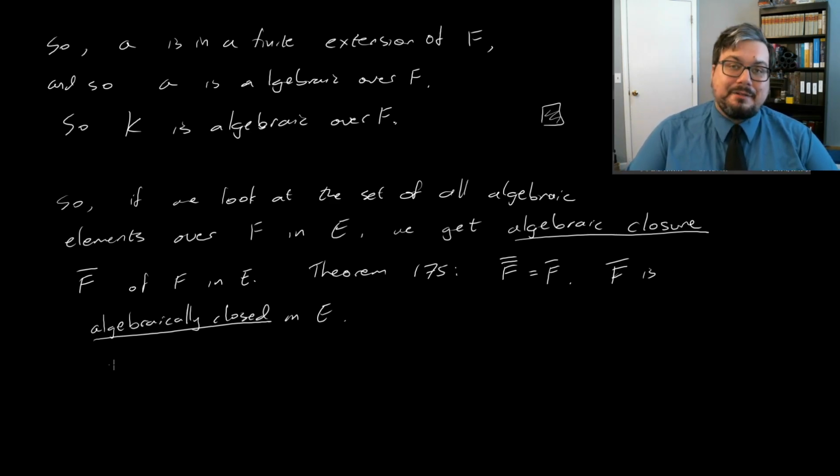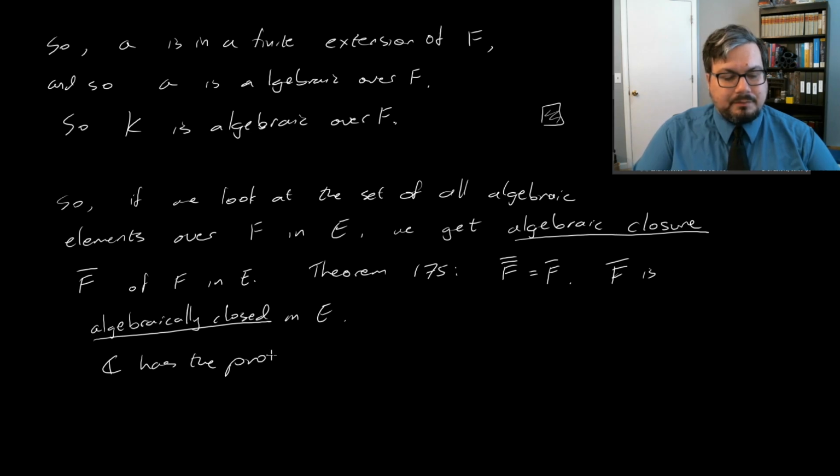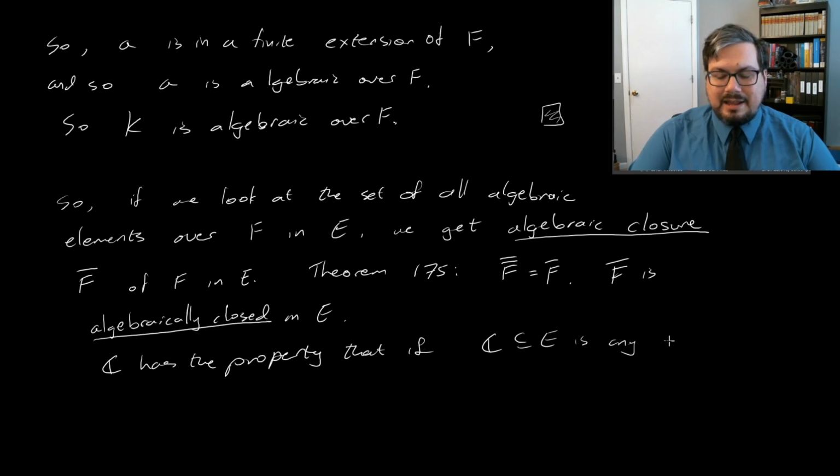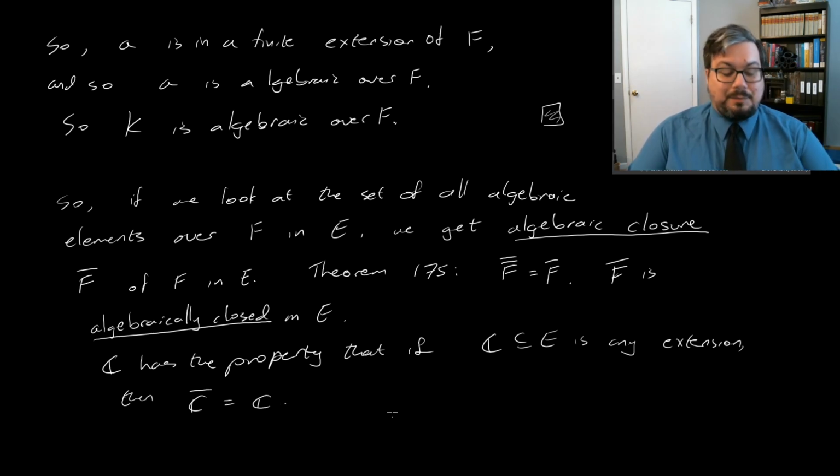So, the complex numbers, for instance, have this property. So C has the property that if C is contained in E is any extension, then the algebraic closure of the complex numbers in E is equal to the complex numbers.